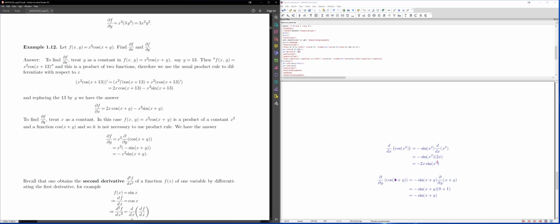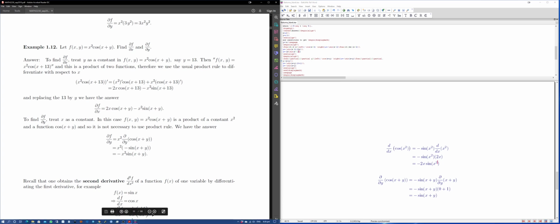But then I need to differentiate the inside with respect to y and multiply by it, similar to what I did up here. When I differentiate the x with respect to y, it gives me 0. Differentiating the y with respect to y gives me 1. So I get 0 plus 1, which is 1. And I get 1 times minus sine(x + y), which is minus sine(x + y).